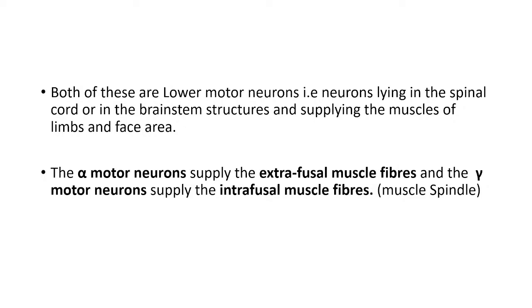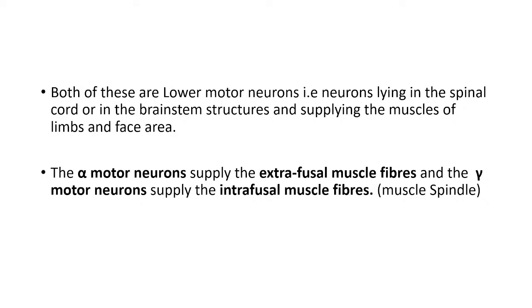Okay, what do you mean by upper motor neurons? Their supply is above the brain. They are called lower motor neurons because they are the first point of contact between the nervous system and the muscles.